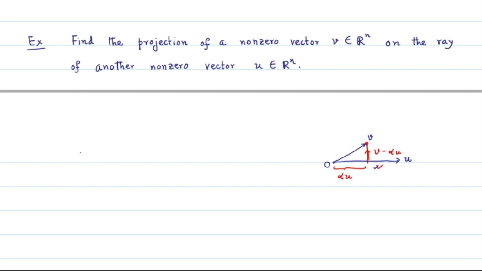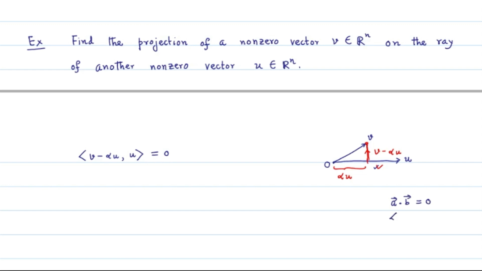From the condition that the vector v minus alpha u is perpendicular to the ray of the vector u, we get that this inner product is equal to 0. As in dot product, we know that if two vectors a and b are perpendicular, then their dot product is equal to 0.